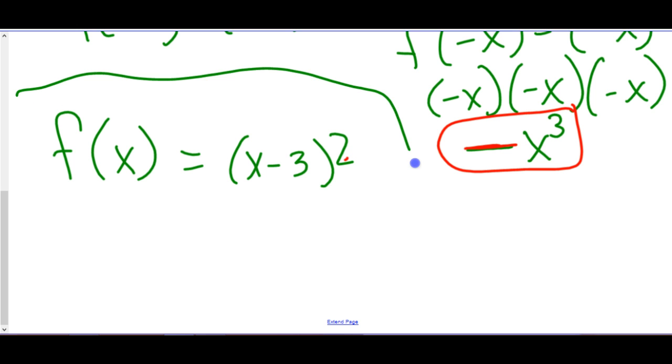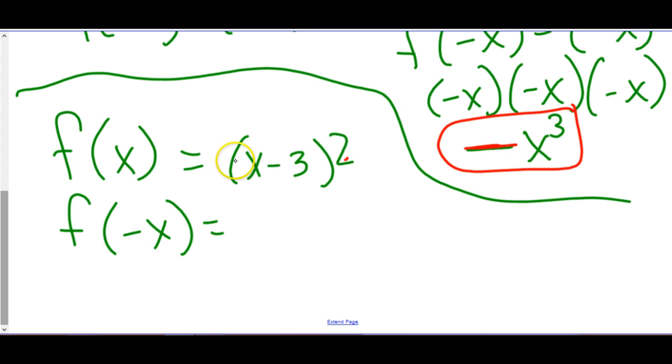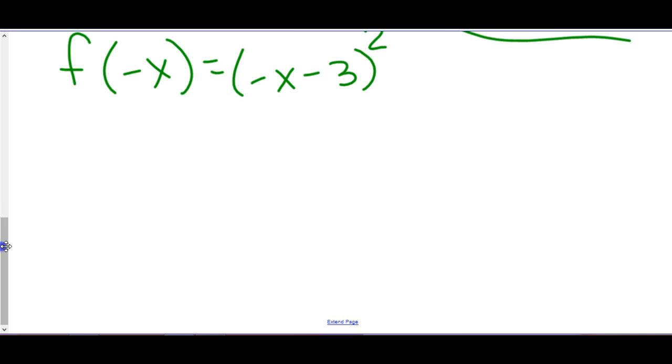We would then check this by still plugging in negative x. So if we plug in negative x, we get negative x minus 3 squared. On this, since they're both negatives, we can factor out a negative 1.